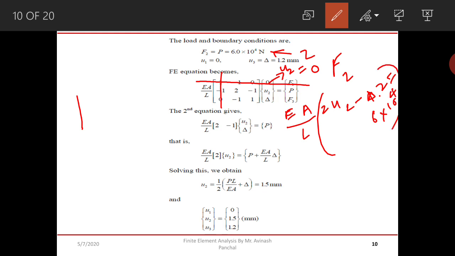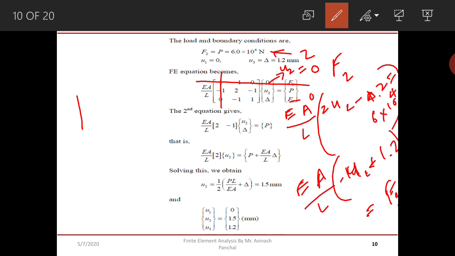This is equation 1. Equation number 2 is E A upon L into minus U2 plus 1.2, which is equal to F3. Then we find F3 is equal to 0, because no force acts over there, only reaction forces are considered for that.